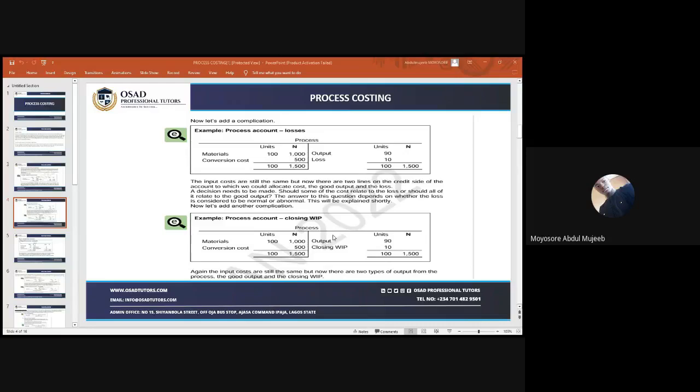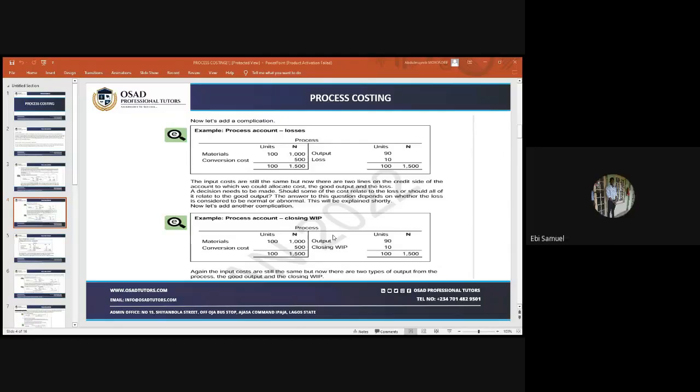At the end of that financial year or period, work in progress, unfinished goods, processing goods at that particular point in time amounts to 10 units. That is what closing work in progress actually means. Did you get that? Do you guys get that?